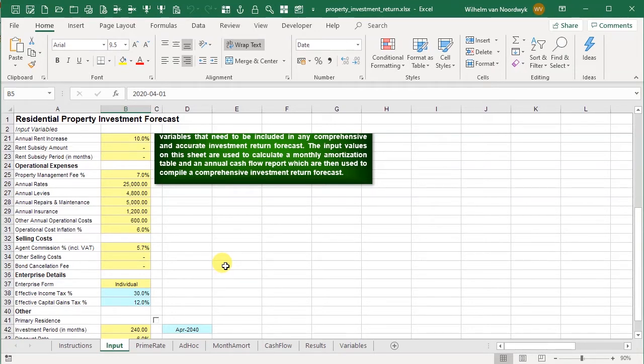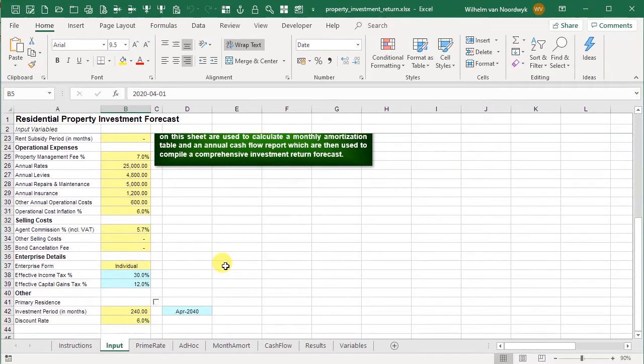You also specify the operational cost inflation percentage, how much these expenses increase year on year. Then there's a selling costs section where you can put in your agent's commission and any other selling costs. And if a bond cancellation fee is applicable, you can enter that as well.